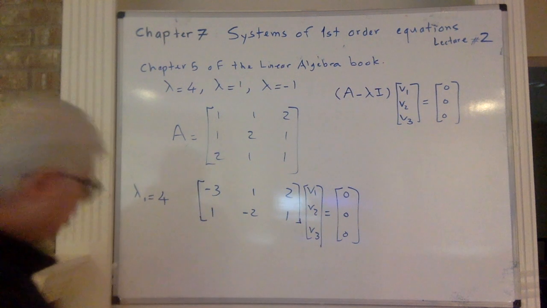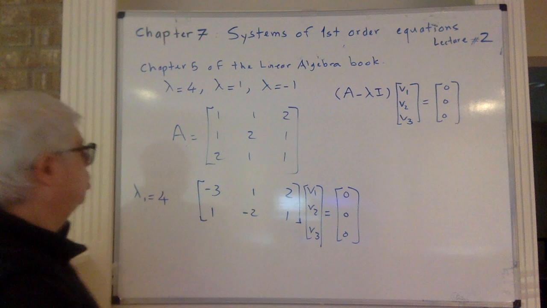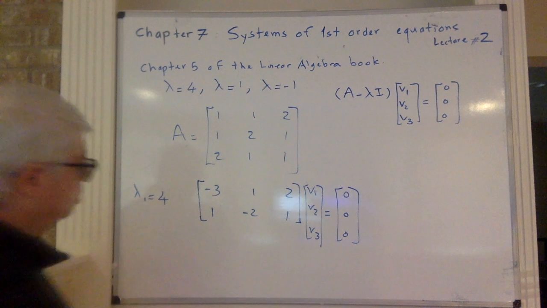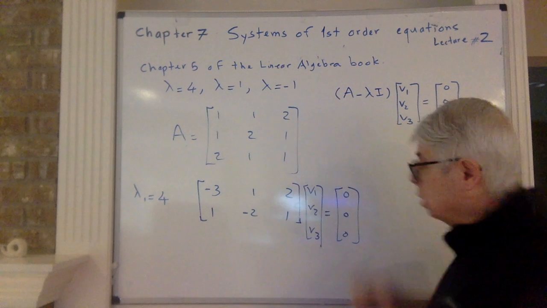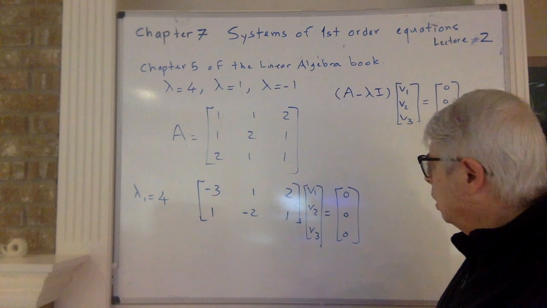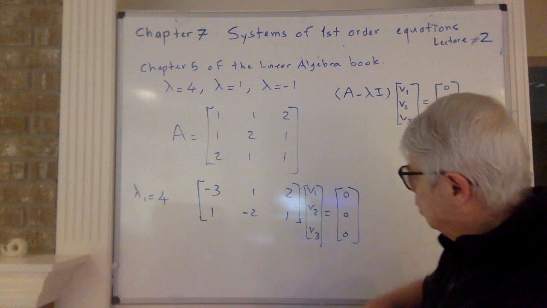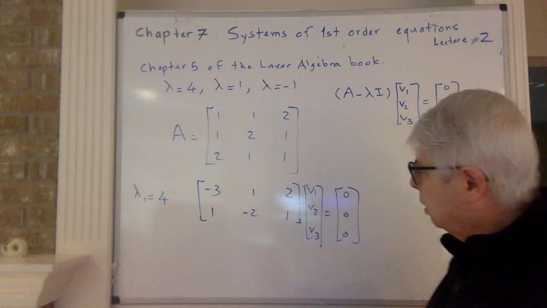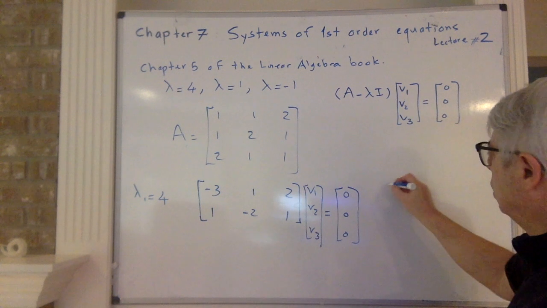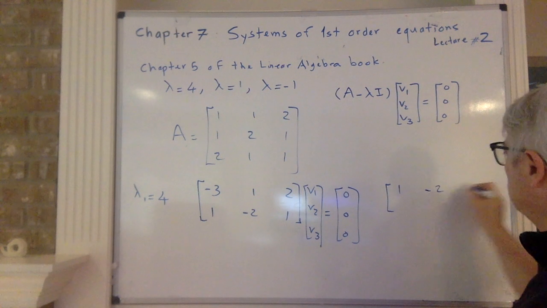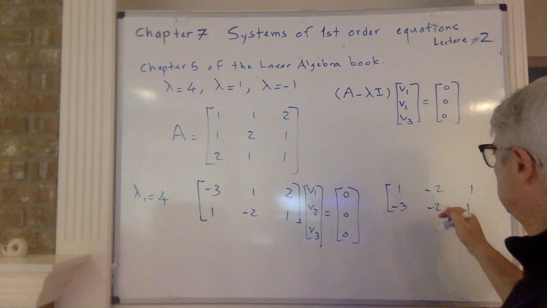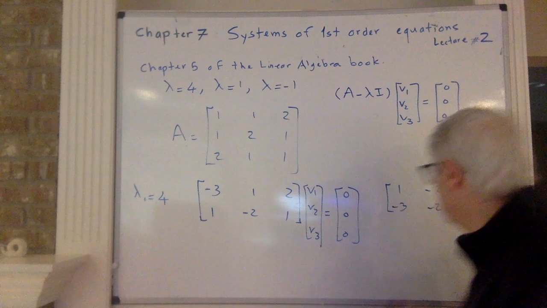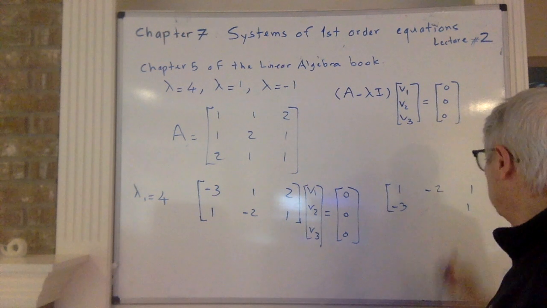Okay, now this is two equations and three unknowns. I have to reduce it. So use your calculator to reduce this, and let me reduce it here. Well, if I flip this down and put this up here, that would be much easier. So 1, minus 2, 1, and minus 3, minus 2, 1.